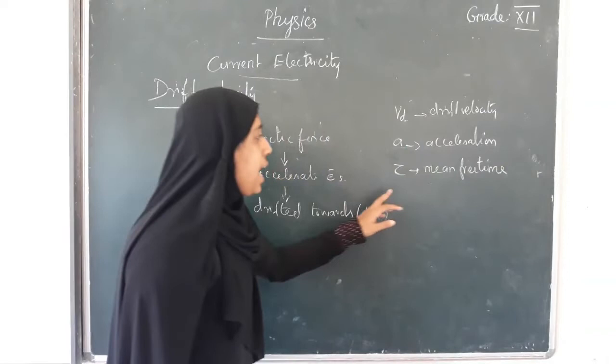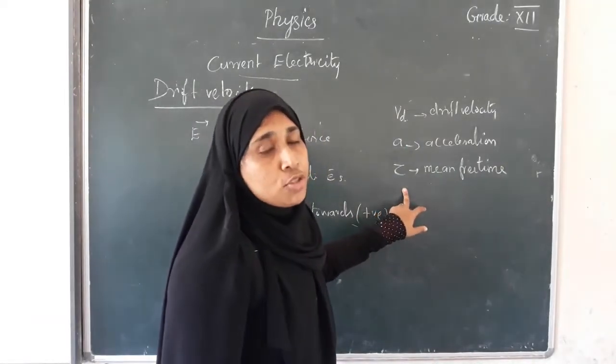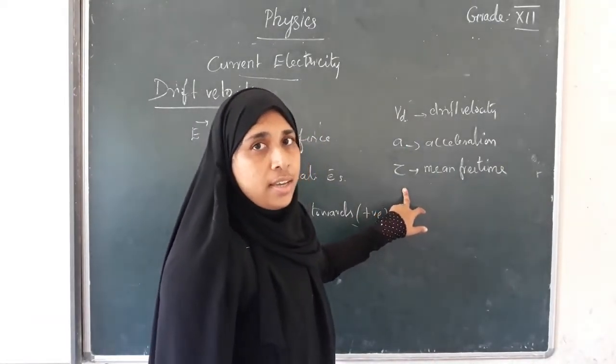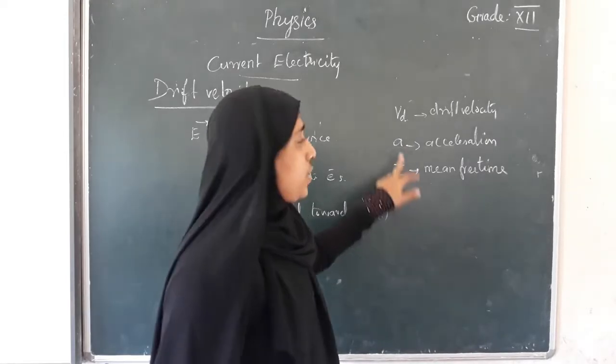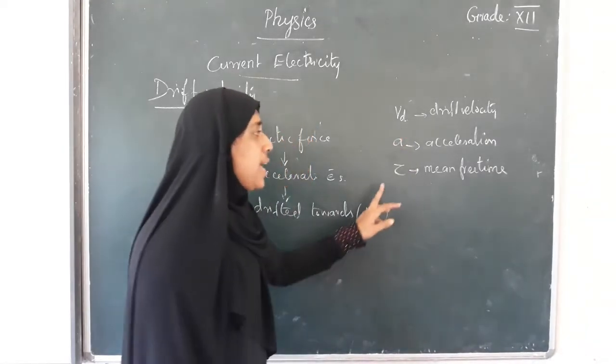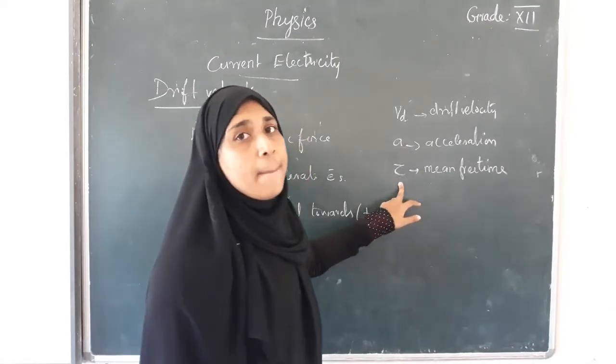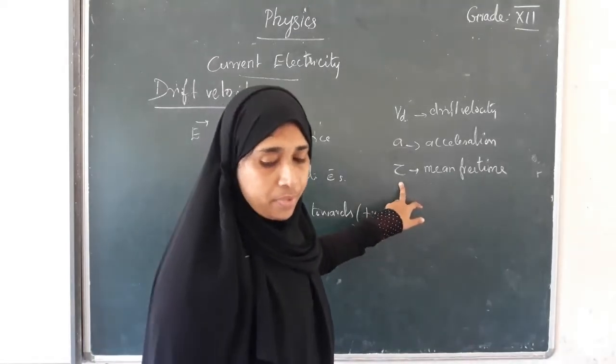It is the average time between two successive collisions of the electrons. So Vd is the drift velocity, a is the acceleration, tau is the mean free time.